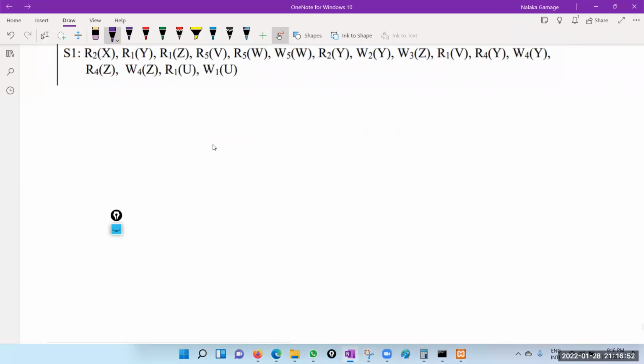How many transactions? 1, 2, 3, 4. Transaction 1, transaction 2, transaction 3, transaction 4.